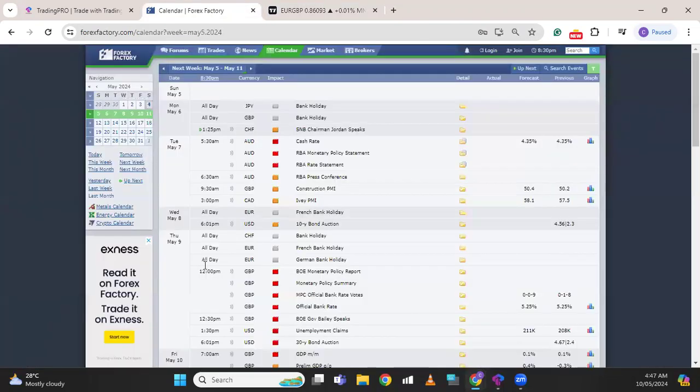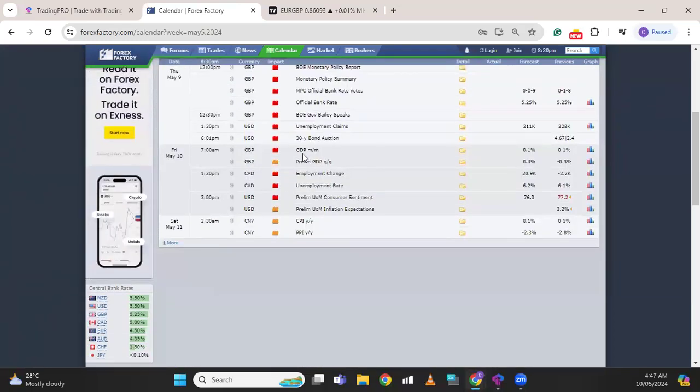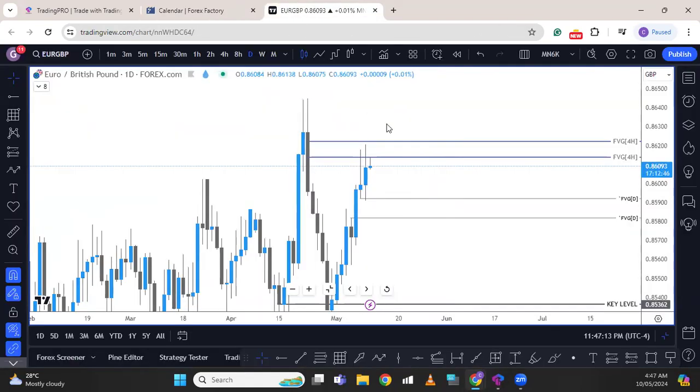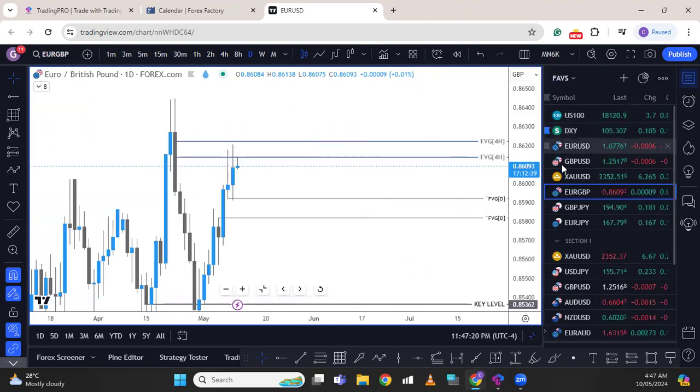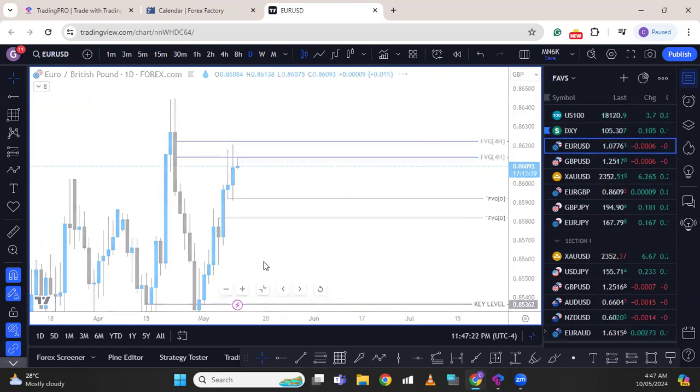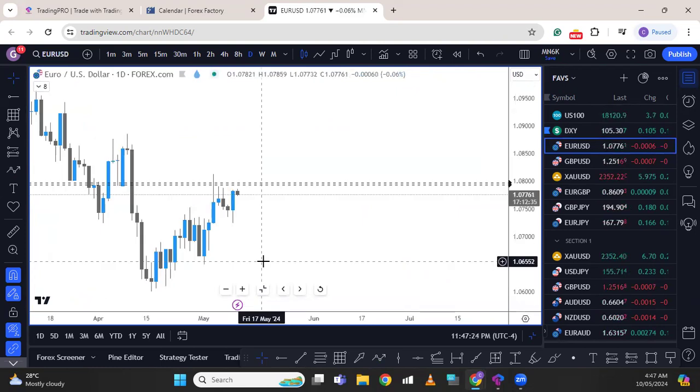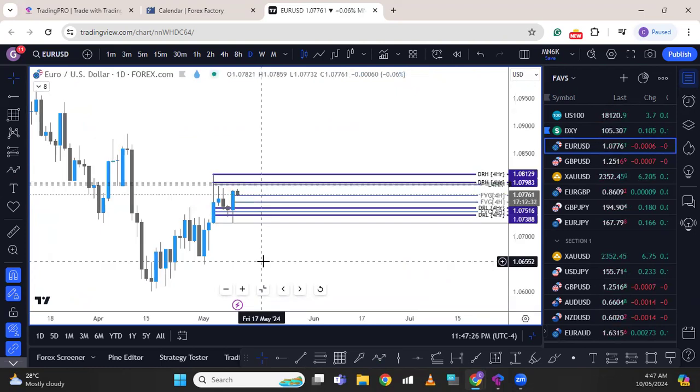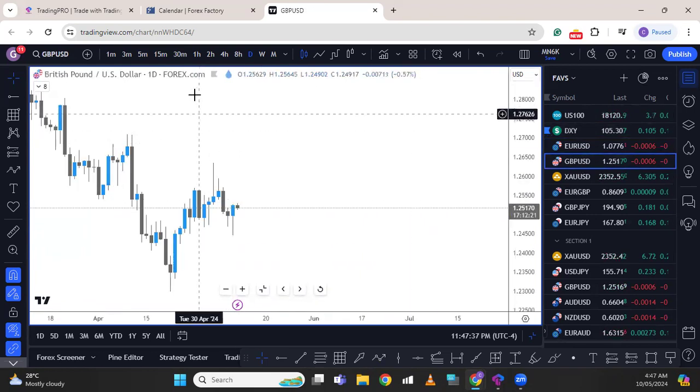And as we know, we have pound gross domestic product news by 7 a.m. So if this should weaken, what you're going to see is the EURUSD rally, and the dollar still remains weak. That's if the EURGBP should drop and the dollar remains weak, this move on the EURUSD, you're going to see it happen on the GBPUSD.